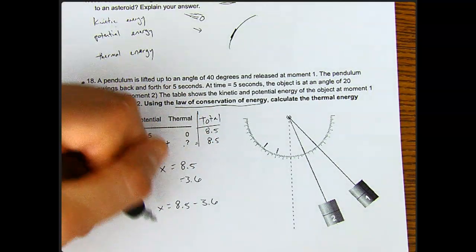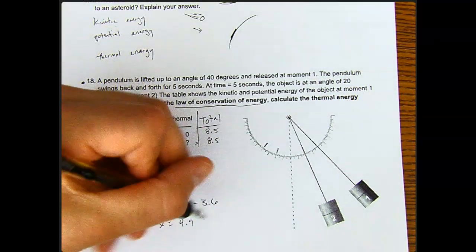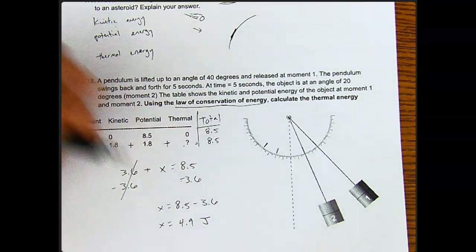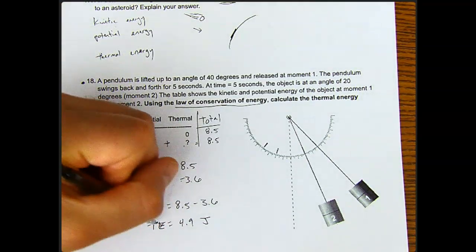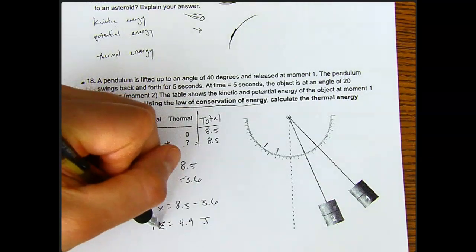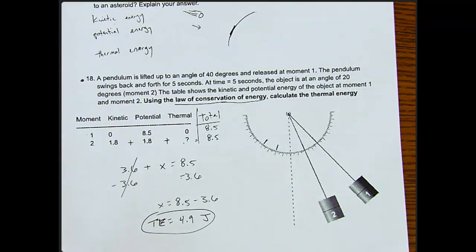That means our x variable here is 4.9. Energy is measured in joules, so I can say that the thermal energy, TE, is equal to 4.9 joules.